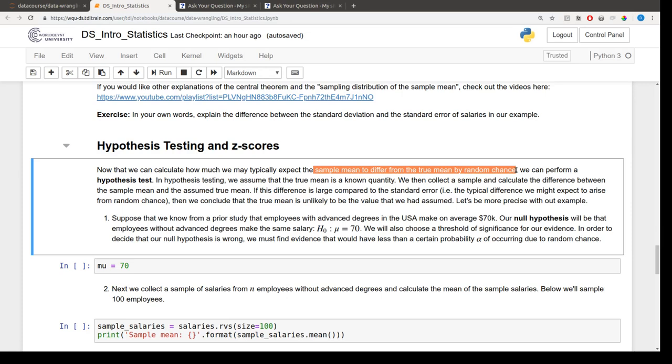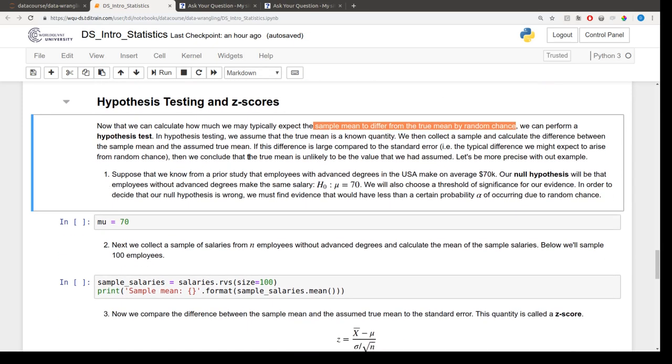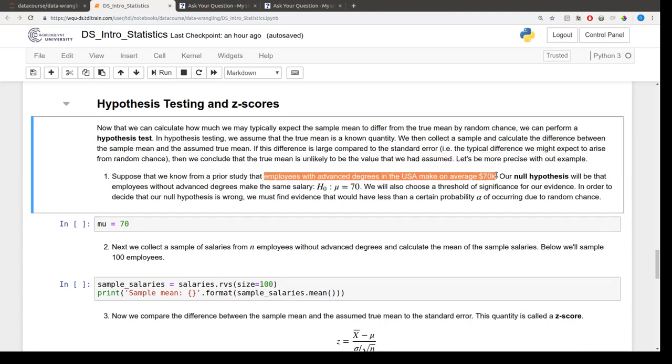So, first, we know from this prior study that employees with advanced degrees in the U.S. make $70,000 a year. This is something that we just know from a prior study.